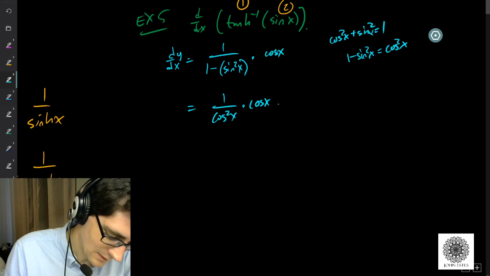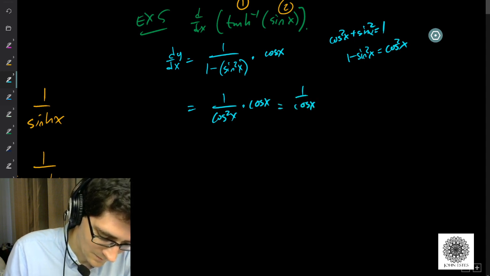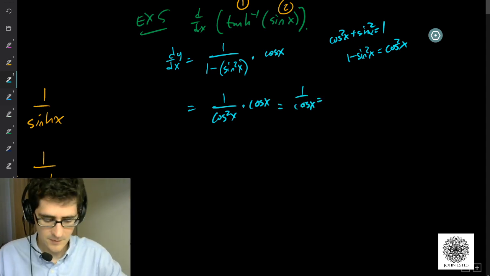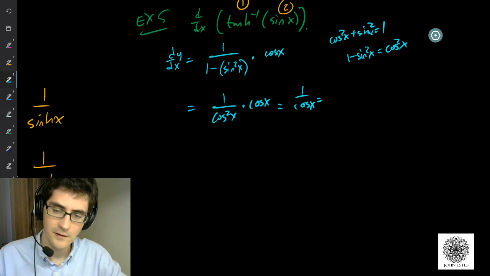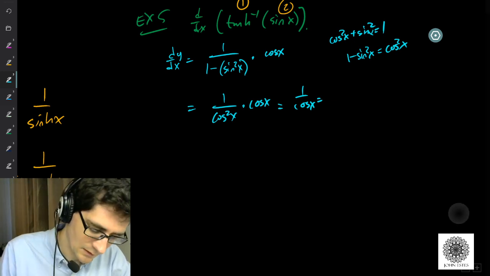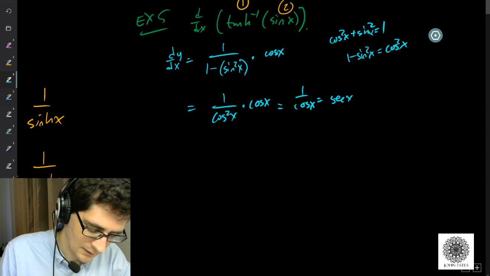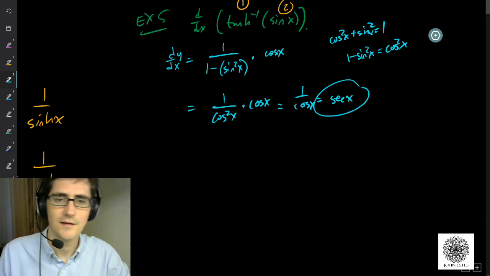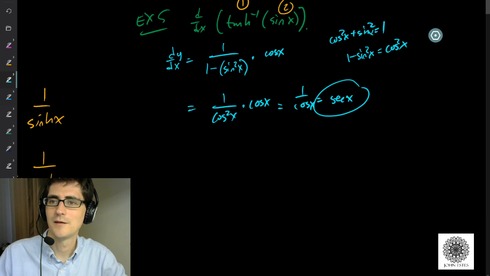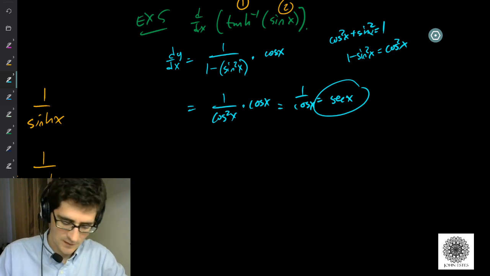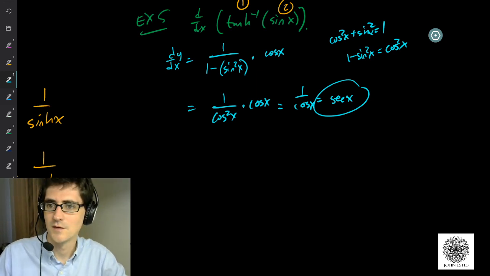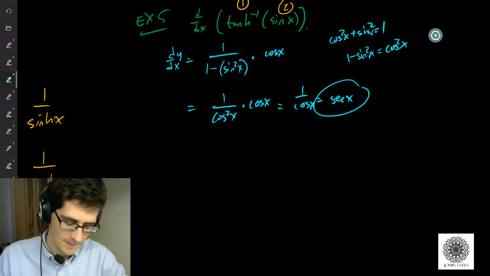One of those cancels out, so I end up with 1 over cosine x. The derivative of hyperbolic inverse tangent of sine x is simply secant x. Did not see that coming. Did you see that coming? Probably not. It's amazing how this stuff kind of telescopes in on itself, right?